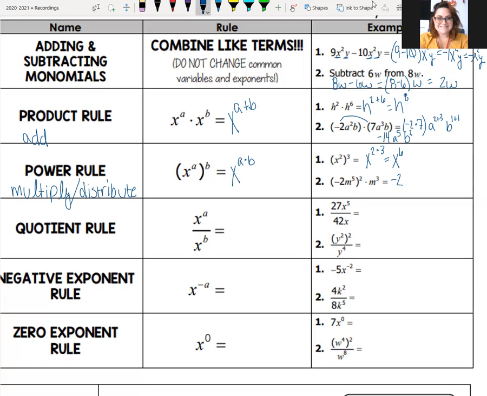Actually, we have to take this and multiply it in. So we would have negative 2 squared. And then we would have m to the 5 times 2. Let me put this negative in parentheses.